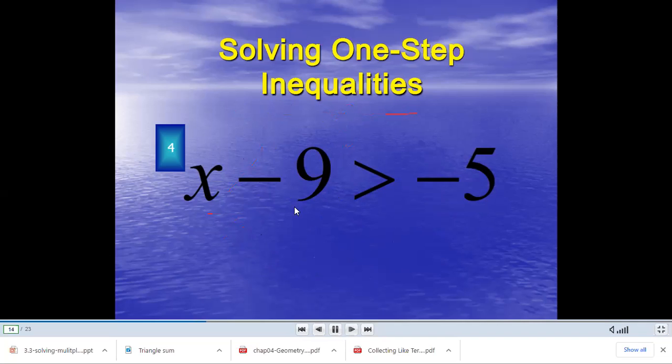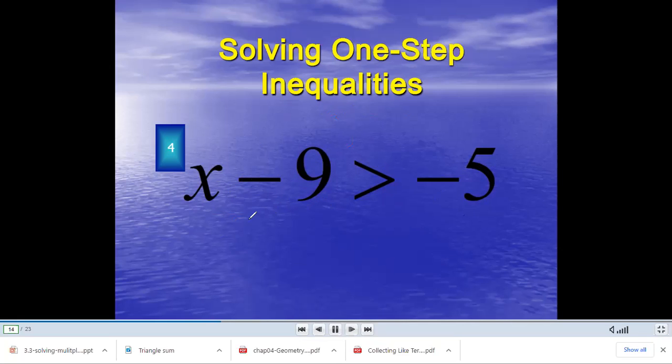Okay, x minus 9 is more than negative 5. Ruqayya, how can we solve this inequality? It's x minus 9 more than negative 5. Then we add the additive inverse.